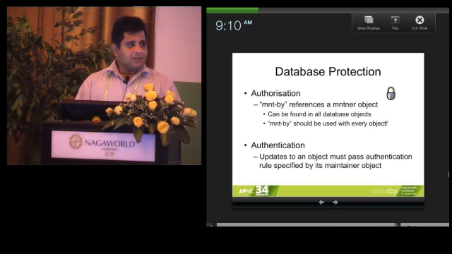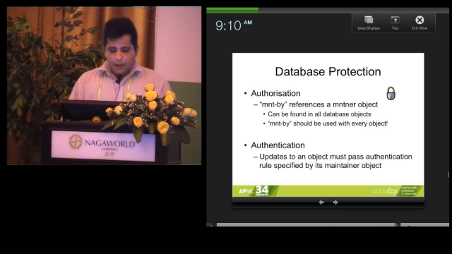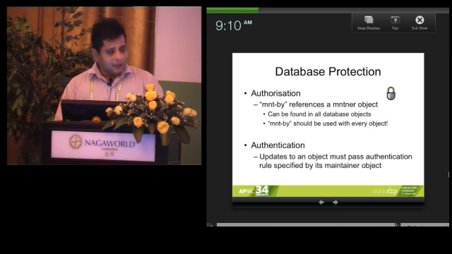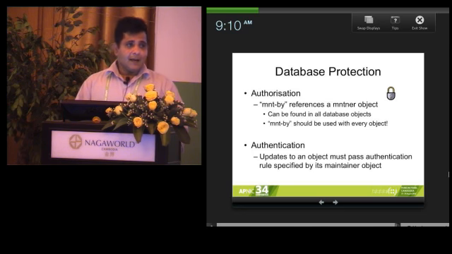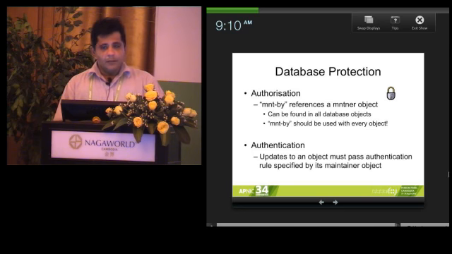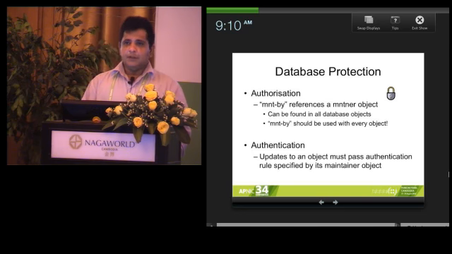Whatever information we register in the database, we protect using a maintainer object. And then of course the authentication part: you can use various mechanisms for authentication, for example a crypt password or an MD5 key. So that's in terms of authentication.